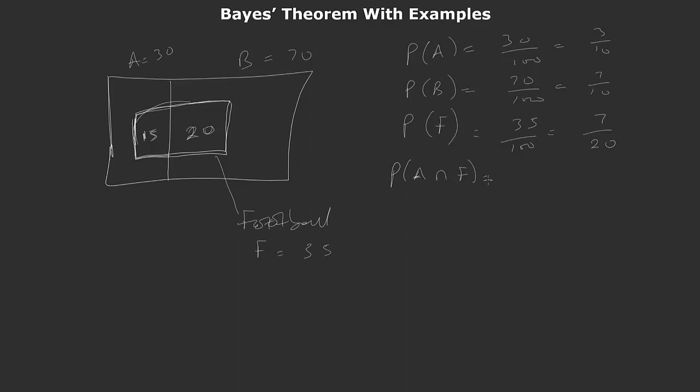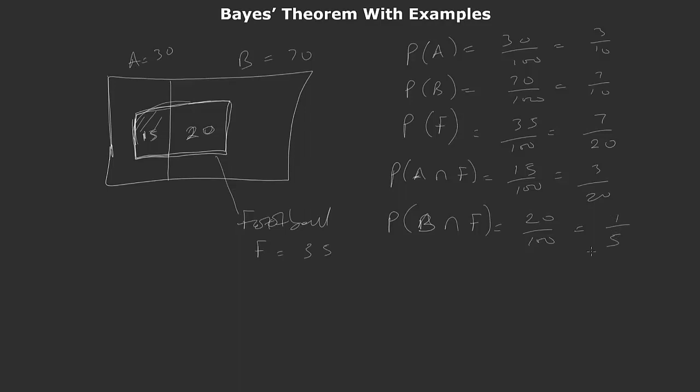The question is just asking for the probability of this region, because this is where you have the intersection, with respect to the entire population. That's 15 over 100, and that will give you 3 over 20. What about the joint probability of B and F? That's this region, 20 over 100, and that will give you 1 over 5.